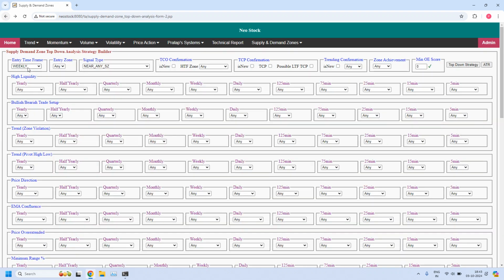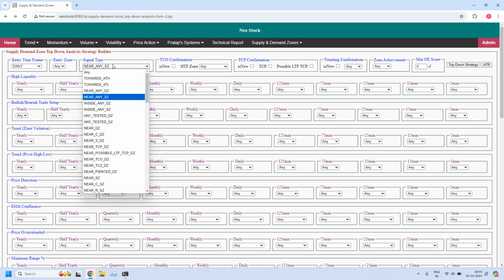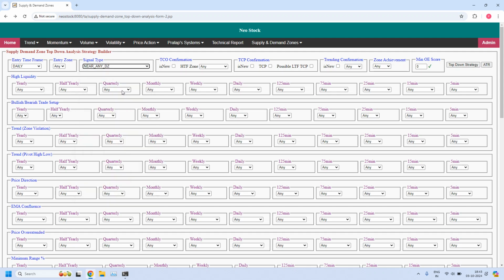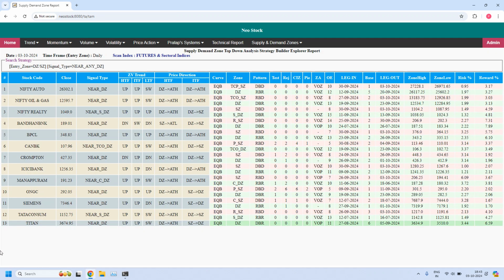Next time frame is daily. Entry time frame daily. Let us find the stocks near daily demand zone. 13 stocks are filtered and we need to identify high liquidity daily demand zones from this list. Nifty Realty, but it is an index not listed in the F&O segment.